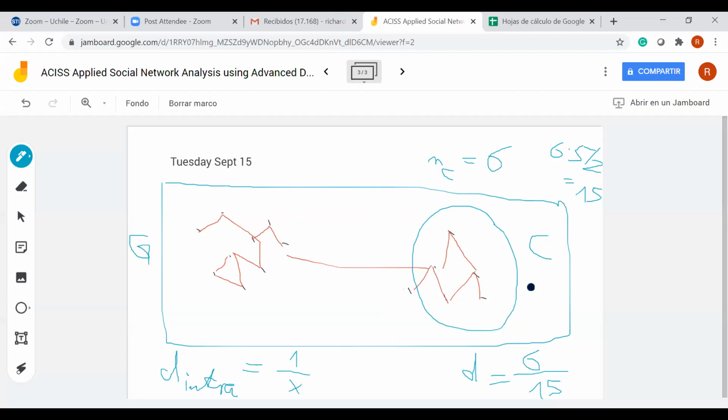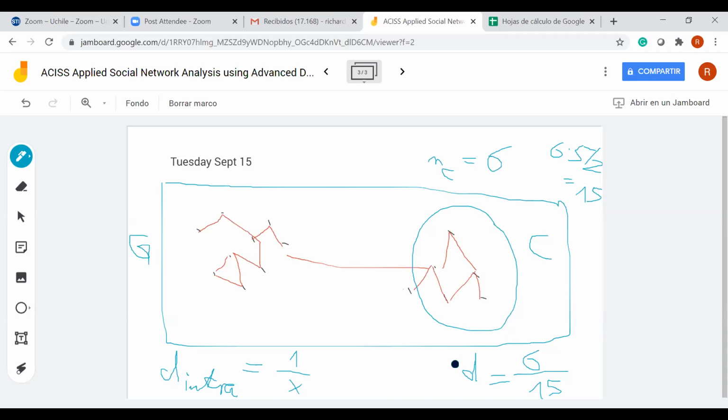We started by just fixing this as a community. In order to get this name, community, the density inside should be high, the density outside should be low. That's it in simple terms. Okay. Any doubts so far?